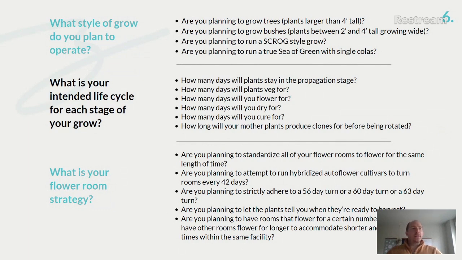The other big piece is we're going to design the infrastructure of your facility, your benching, your irrigation, the dry room itself. Many different components are going to be designed from the style of grow that you're going to have.